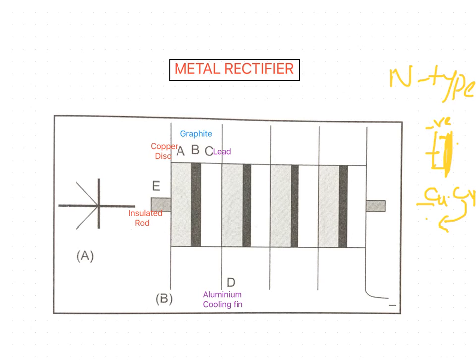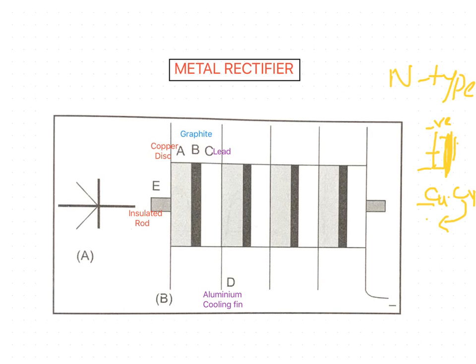Normally each metal rectifier rectifies only 8 volts. After 8 volts, if the current is rectified, there may be a chance of it returning back. So they have given some extra volts to this copper oxide layer, so it has to maintain 10 volts.